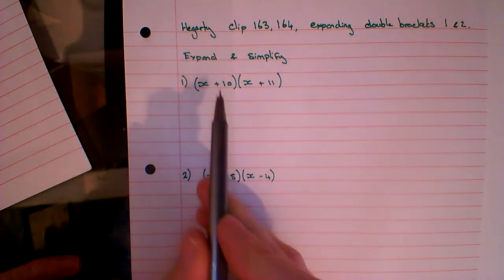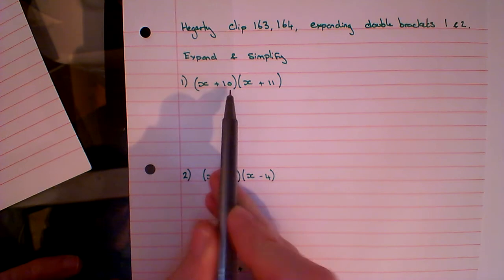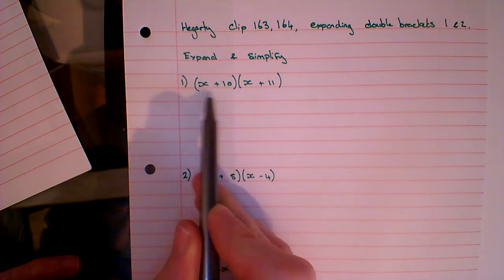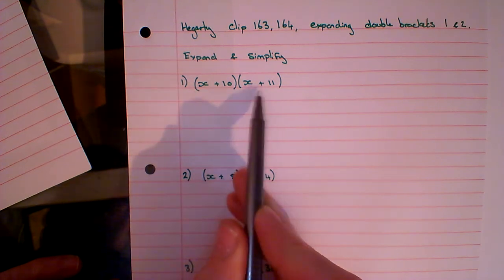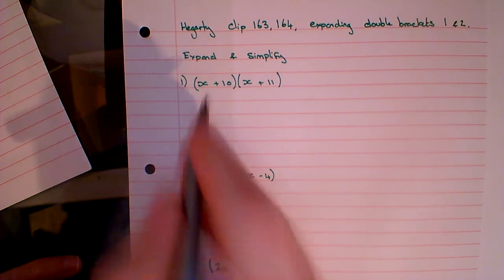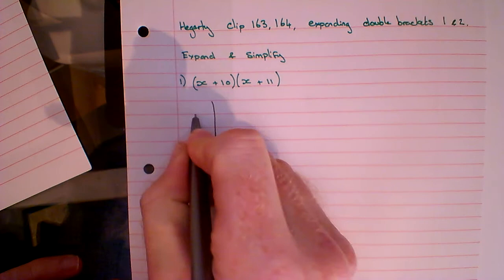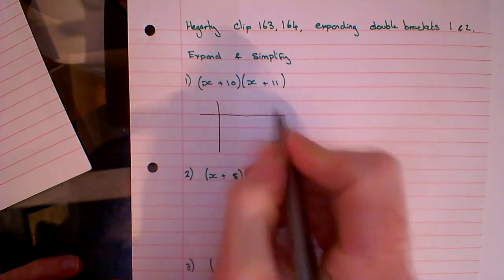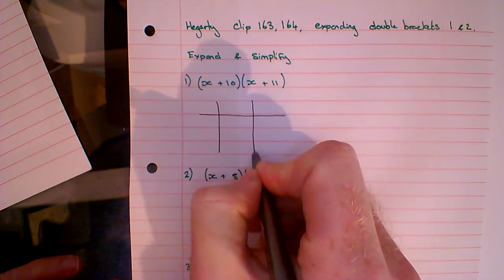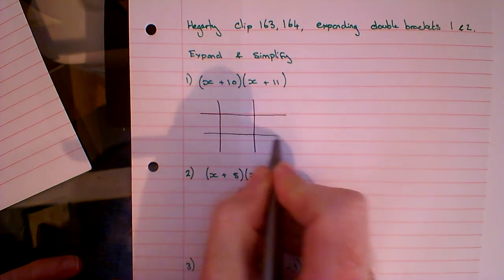Now, we've got two brackets, and they've got two terms in each. x and plus 10 are the two different terms in the first bracket. x and plus 11 are the two terms in the second bracket. So I'm first of all going to draw out a grid, which is going to be 2 by 2, so I will have 4 boxes in total.